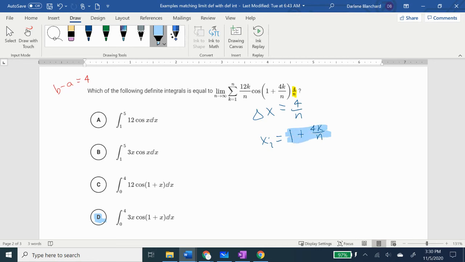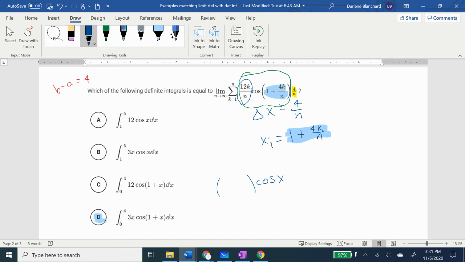And the thing is, all of the k's and n's that I see inside this formula have to be dealt with. They have to be replaced with x in some way. So as I look at this, I can see that it works here, where I'm going to have just something times cosine x. But I then have to deal with 12k over n.